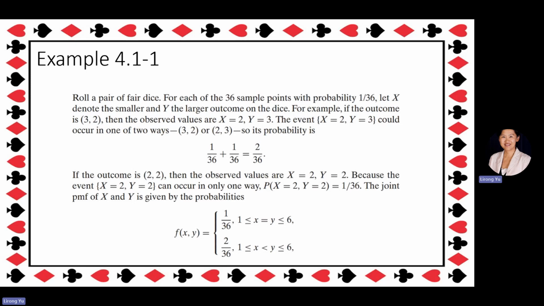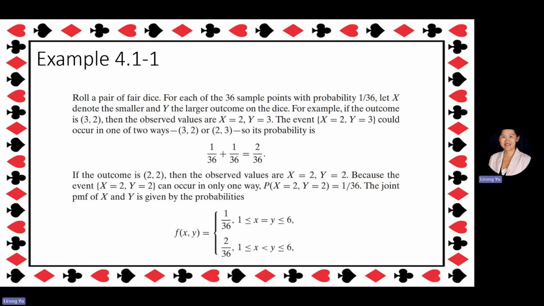So running the experiment is different from identifying the variable in the question. In this question, we purposely call the smaller outcome x and the bigger outcome y. So x and y are both numbers between 1 and 6, but x has to be lower than y, because every time you toss two dice, there's a smaller one and a bigger one.